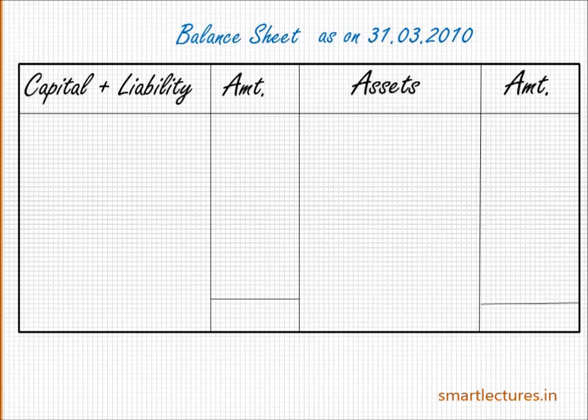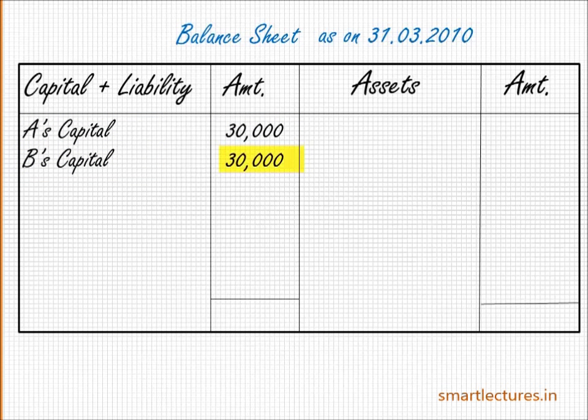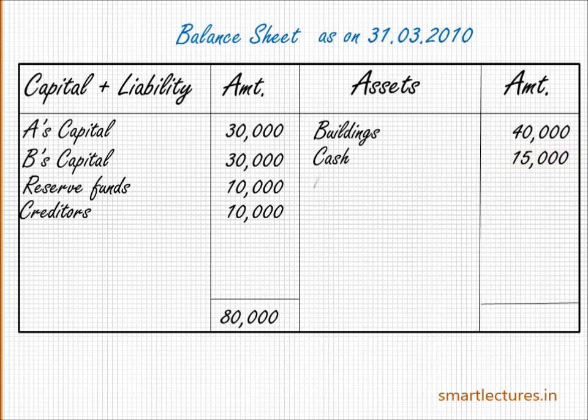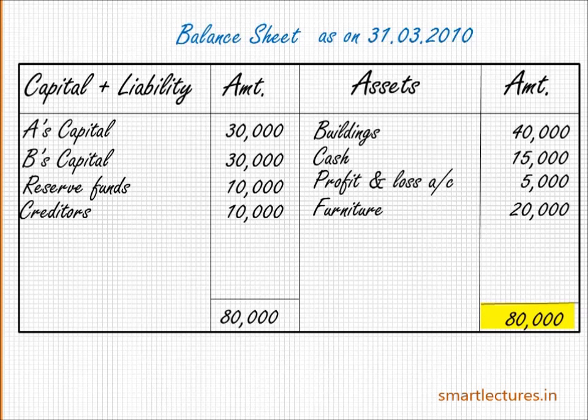I mean to say this is the balance sheet of A and B. On the liability side, A's capital 30,000 rupees, B's capital 30,000 rupees, reserve fund 10,000 rupees, creditors 10,000 rupees, and the total is 80,000. Asset side, building 40,000, cash 15,000, profit and loss account 5,000, furniture 20,000 rupees, and the total of the assets is 80,000 rupees.